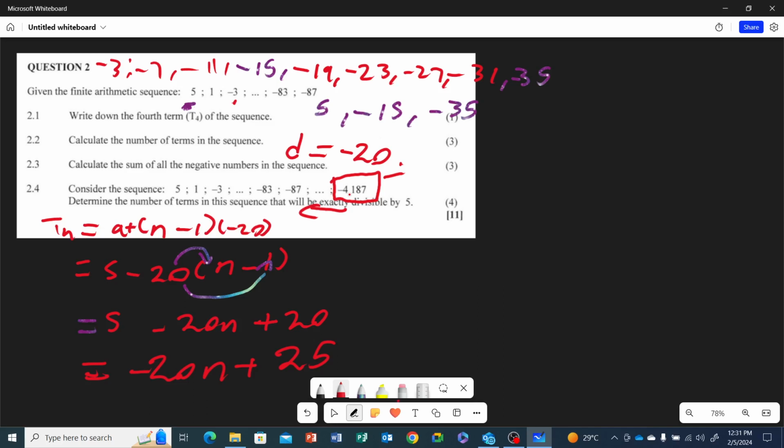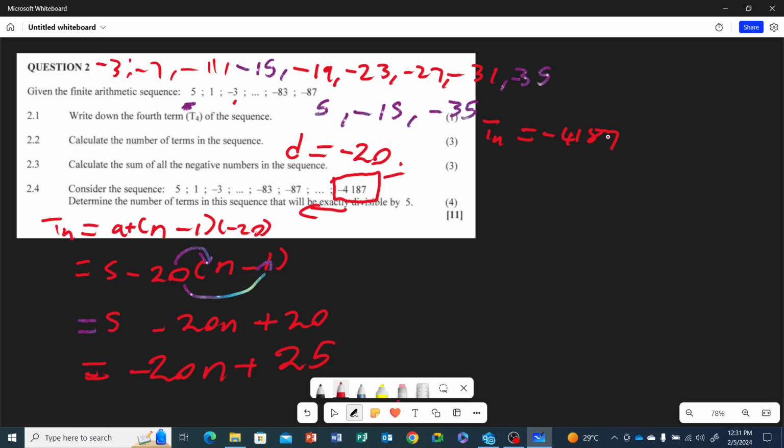Now, the term that is divisible by 5, I'll just put it as Tn, which is minus 4187. For us to reach a number that is divisible by 5, you have to add 4 and check, add 4 and check.